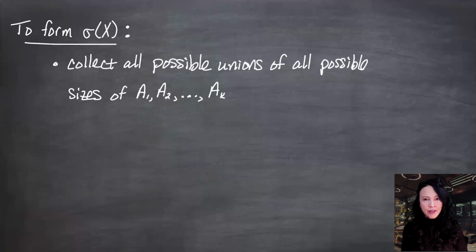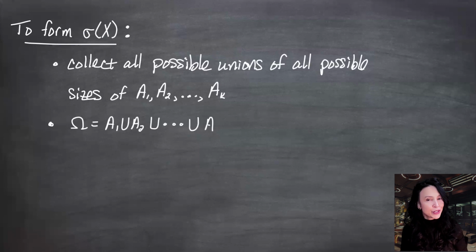So that's what we already wrote down on the previous slide. We need for it to be a sigma field for us to throw in omega, but we don't have to throw in omega, because for a simple random variable, the sets capital A1 through capital AK form a partition of omega. They are disjoint, and when you union them, you get omega. And we have defined the collection that we're looking at as all possible unions of the AI. So certainly A1 union A2 out through union AK, which is omega, is already in there.